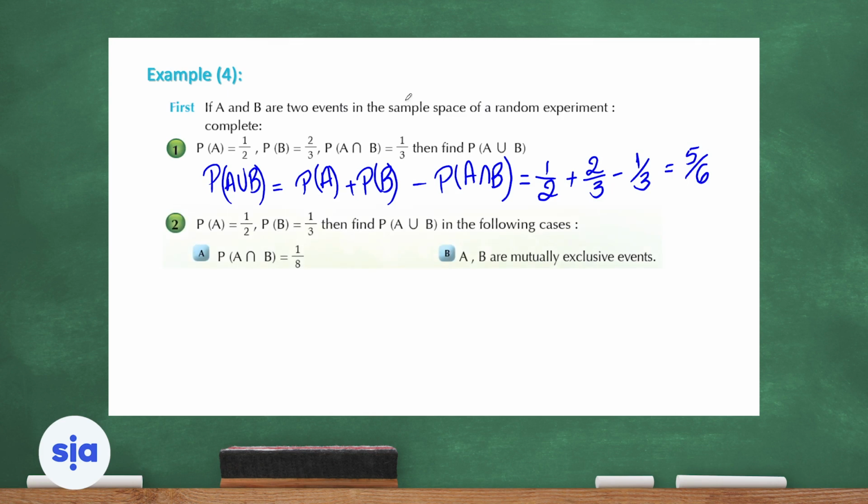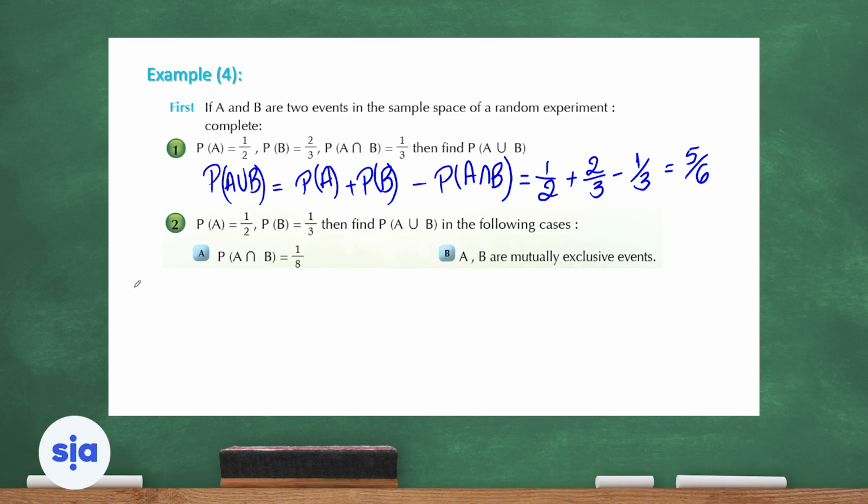Question number 2. If probability of A equals half and the probability of B equals 1/3, then the question is asking us to find the probability of A union B in the following cases. The first case, that I have the intersection given.